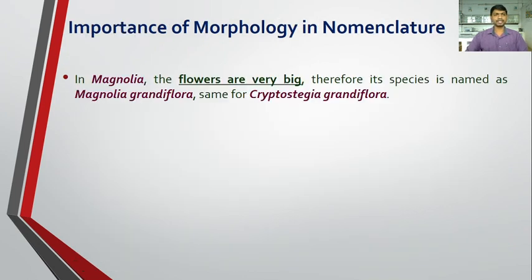Another example is Magnolia. The flowers are very big, therefore its species is named Magnolia grandiflora, because the flower is very big. Flora means flower, grandi means big, grandiflora. Same for Cryptostegia grandiflora. In Magnolia or in Cryptostegia, the flowers are very big, so the name of the species is grandiflora.